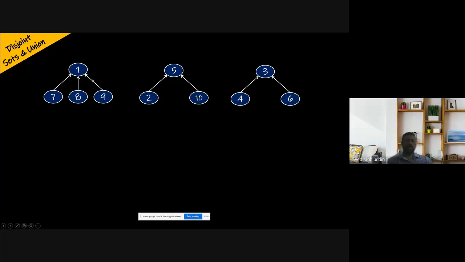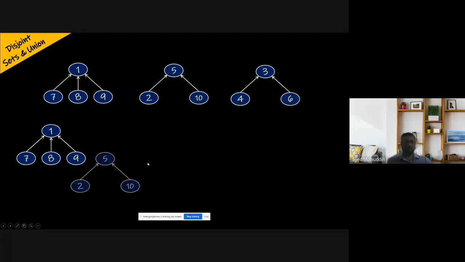So let us call this set 1, this as set 5. For example, because 1 and 5 are root nodes, that is why we are calling it set 1 and set 5. Now here, suppose if I have to perform union of these two sets, what has to be done is we will take the first set S1, and then the root of the second set, that is 5, can be made as a child of the root of the first set.